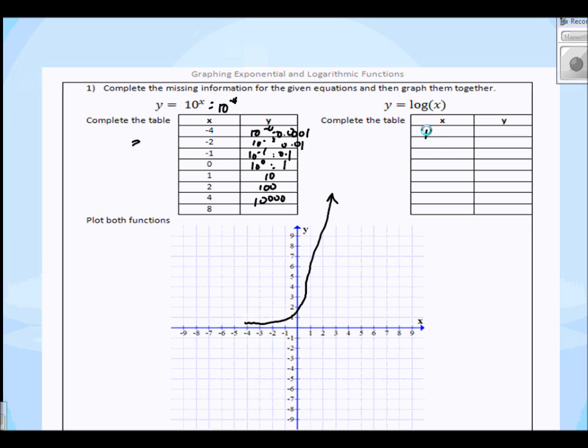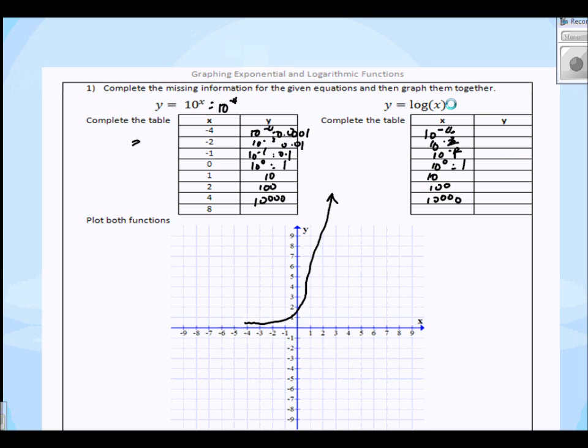So this is 10 to the negative 4, 10 to the negative 3, 10 to the negative 2, negative 1, 10 to the 0, which is 1, and then 10, 100, 10,000, and so on and so forth.